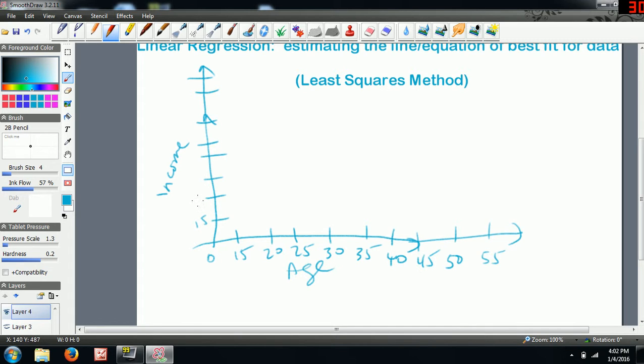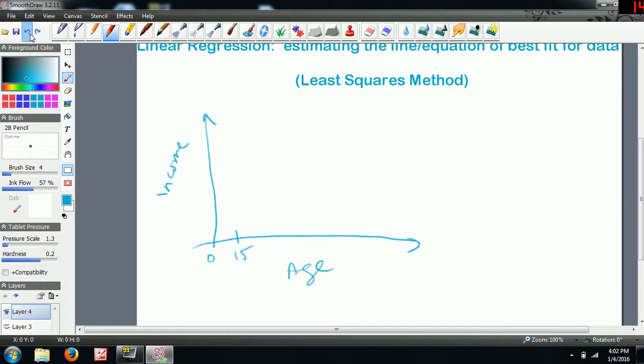Actually, this should be farther from the origin because I'm going by fives here, so I'm going to redo this. Let's go by 15s on the income axis: 15, 30, 45, and 60.